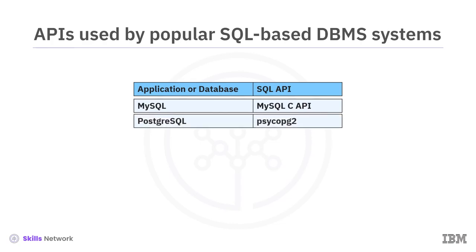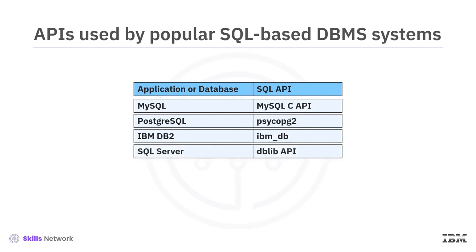The PsycoPG2 API connects Python applications to PostgreSQL databases. The IBM_DB API is used to connect Python applications to IBM DB2 databases. The DBlib API is used to connect to SQL Server databases.